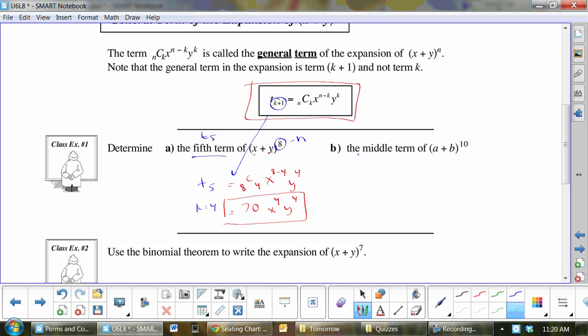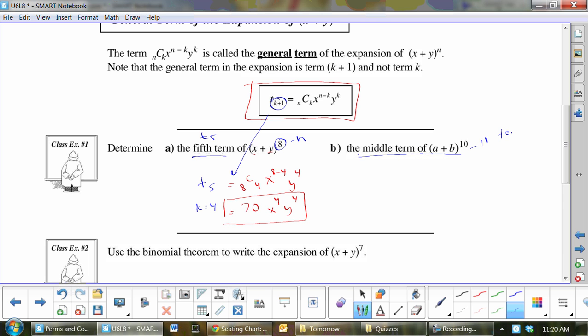Okay, this one, a middle term of a plus b to the 10. You need a little bit of knowledge to get through this one. Which term am I looking for? T what? T6. But is 6 in the middle of 10? There are 11 terms.